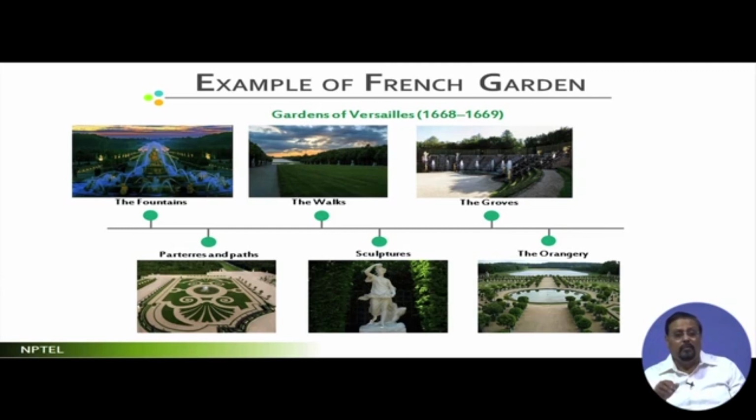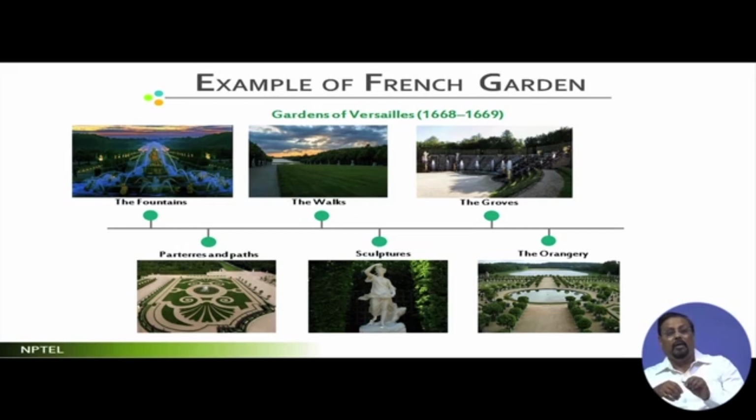Basically, most of the time they used a large area to be covered with some citrus plants. These citrus plants they would protect during winter in some of the covered areas and then again bring out and put it in the landscapes, and all these plants are generally in potted situations, earthen pots or wooden pots. This I have mentioned during the Italian landscape discussion.